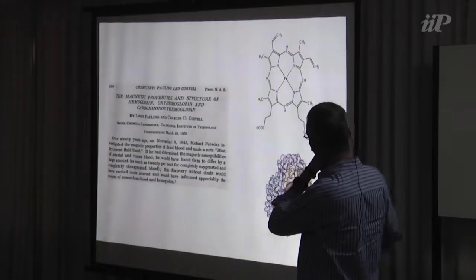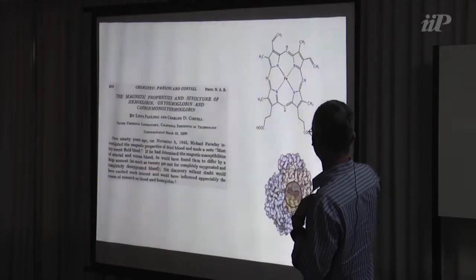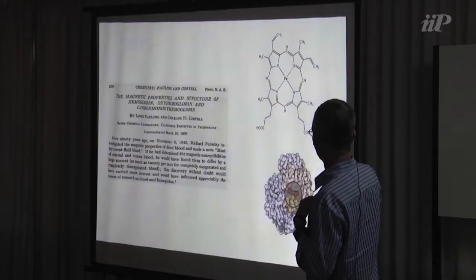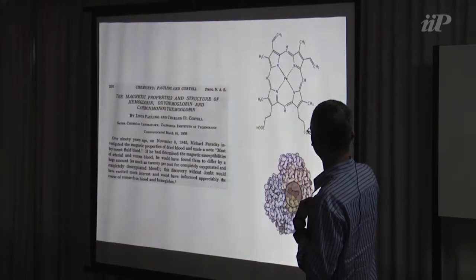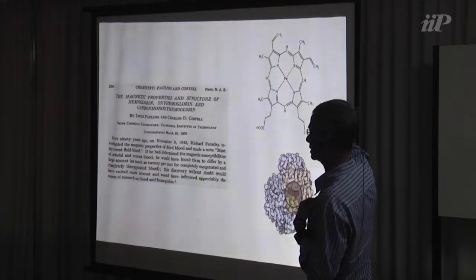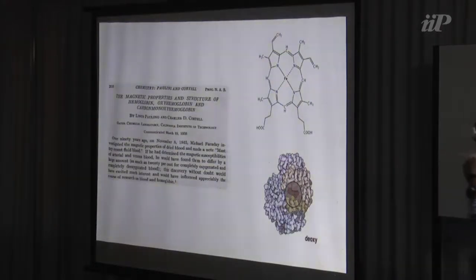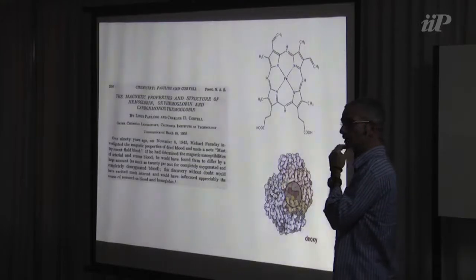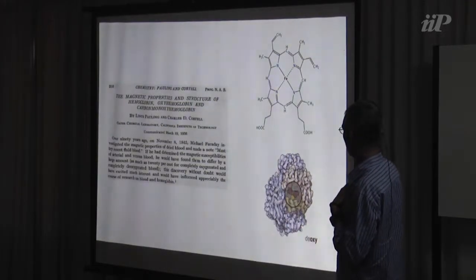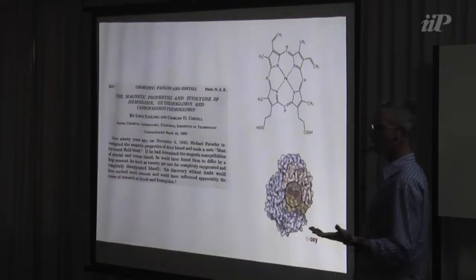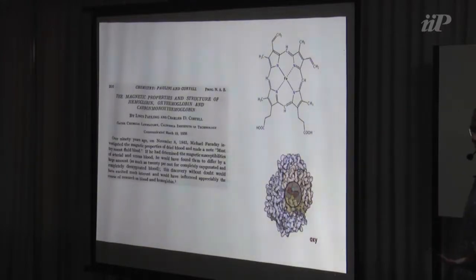Why does it happen? Because once you unbind the oxygen from the hemoglobin, you expose the iron nuclei right in the center of the hemoglobin molecule, and then you confer paramagnetic property to this substance.